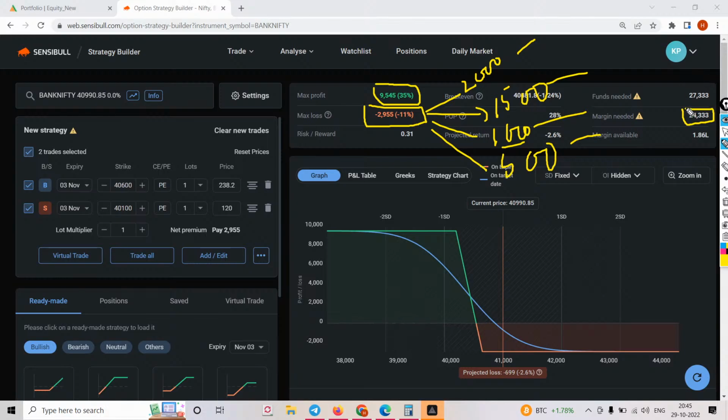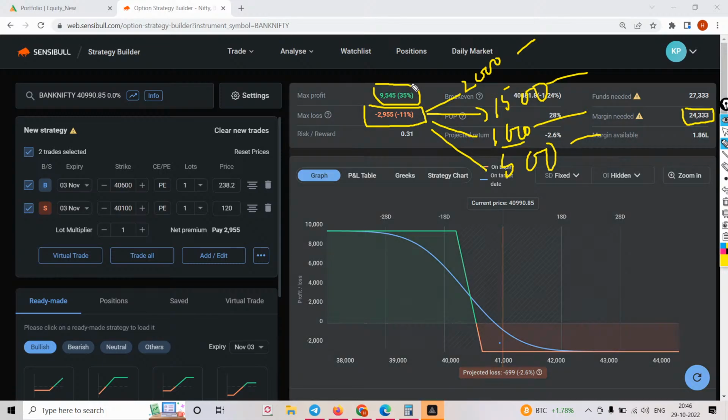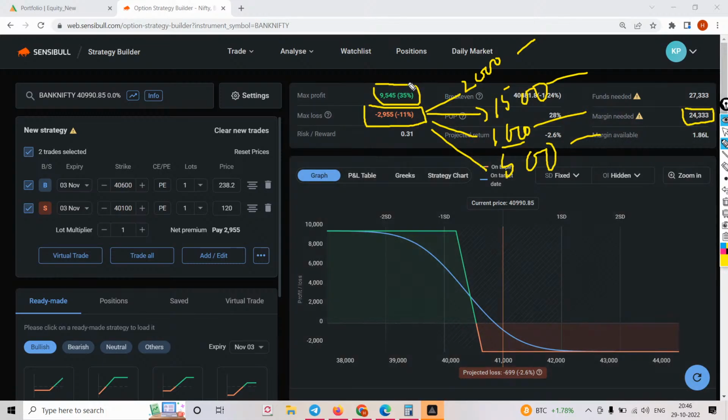What is 2% on 24,000? Are you looking for only 2 to 3% of profit in a debit spread? I want Nagendra to answer this question. Yes, 2 to 3% of the loss is only on the capital deployed, but we have deployed only 24,000. So it should not be 2 to 3% of loss when I'm expecting a profit of 35%. That way it will not work.